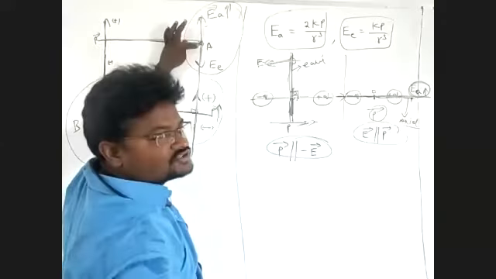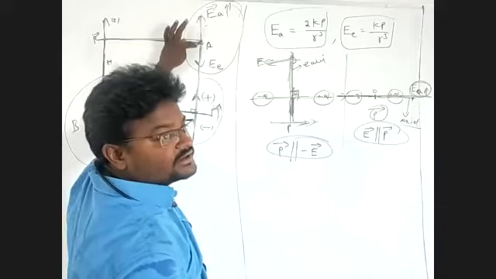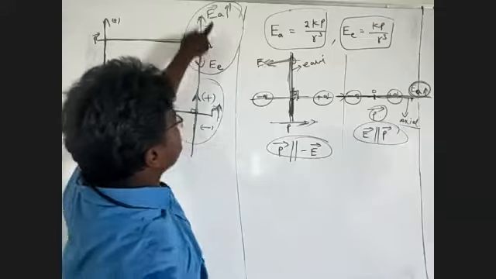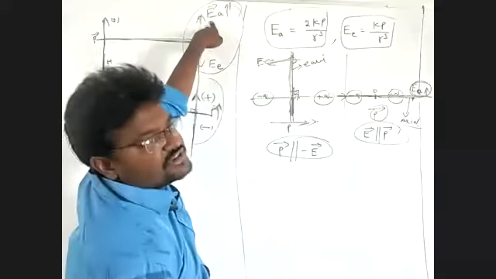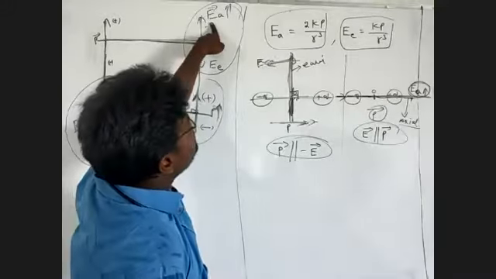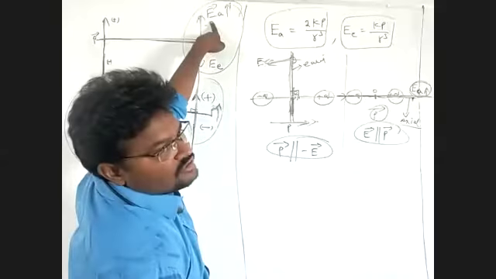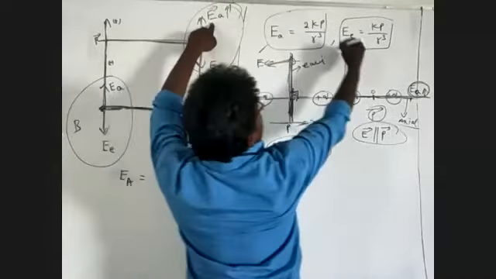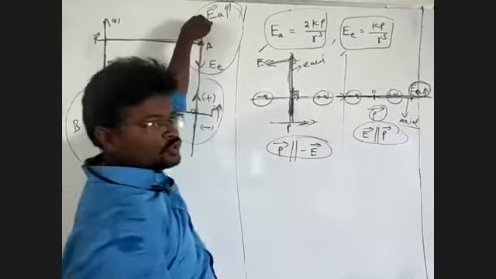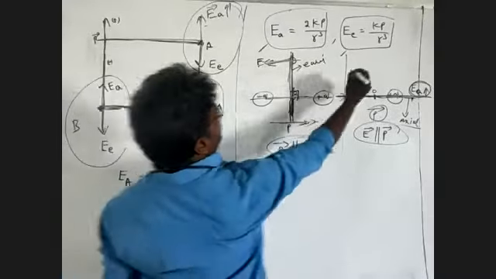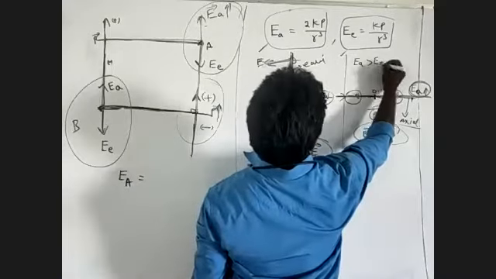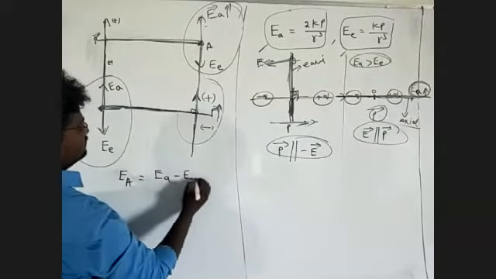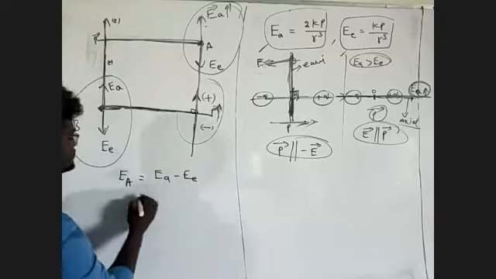At this point, we have to calculate the resultant E. Electric field is a vector quantity, which means a physical quantity having magnitude and direction. Which one is greater? E axial is greater than E equatorial. Now I am going to subtract: E axial minus E equatorial. This is a magnitude.